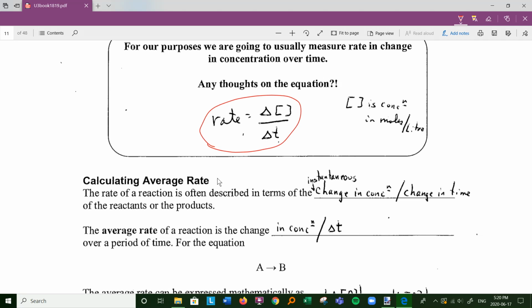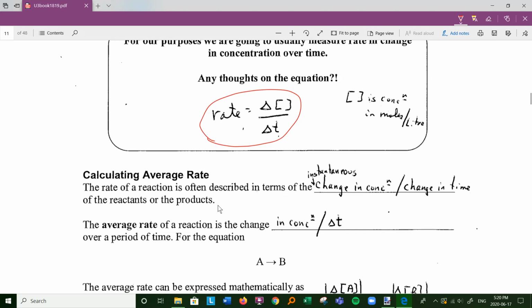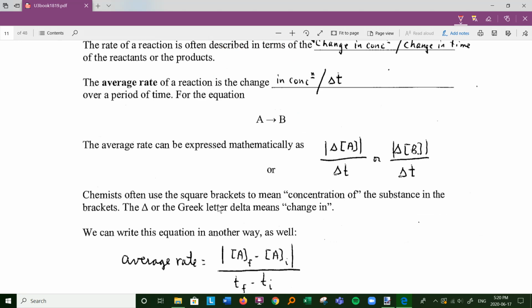We can look at instantaneous rates, just like in physics, or average. And we're going to focus more on average rates. So the average rate is expressed as the change in concentration of A over time, or the change in concentration of B over time. I'm using absolute values here. You don't want to quote a rate as a negative value. That's just a convention that chemists have agreed upon.